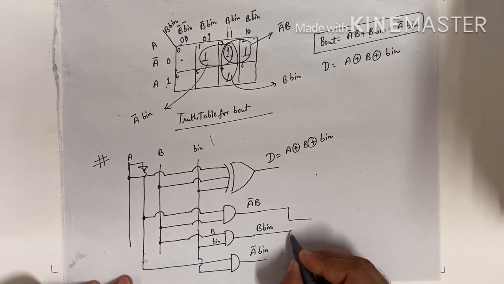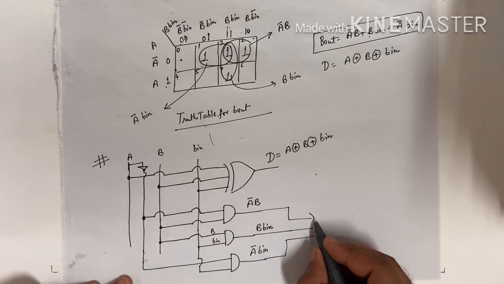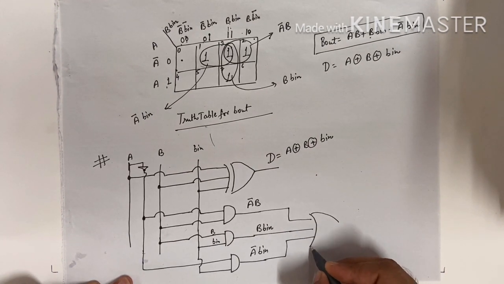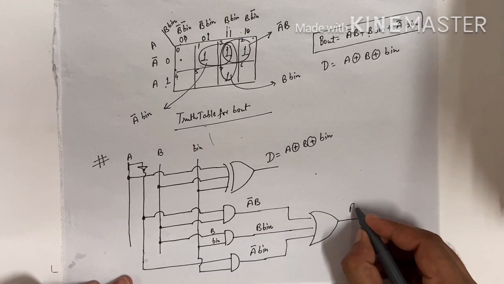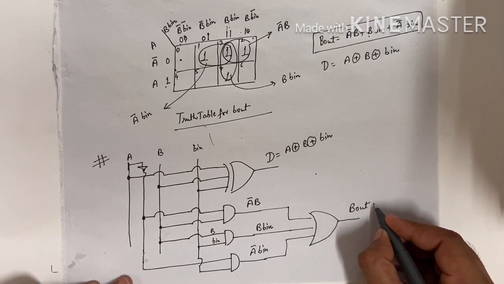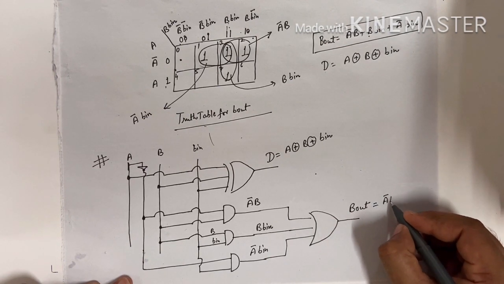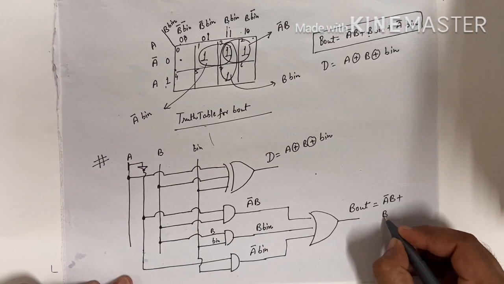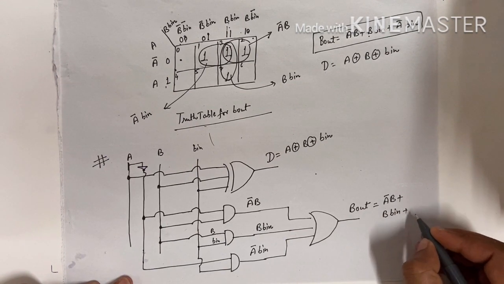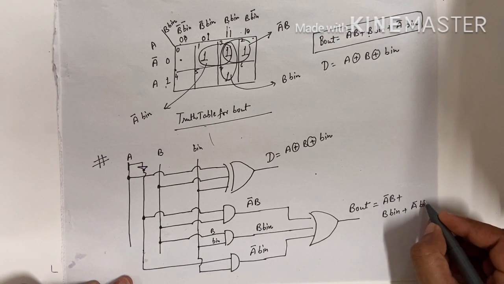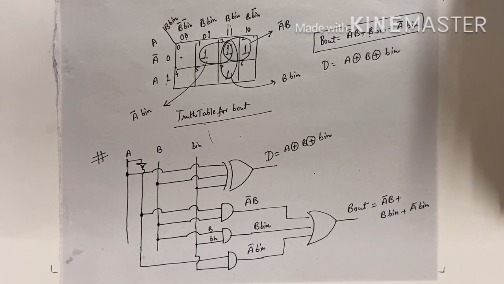Then we apply these 3 into the OR gate to get the result. So we can get B output. So B output equals to A complement B plus B input plus A B input. So this is the combinational logic circuit of full subtractor.